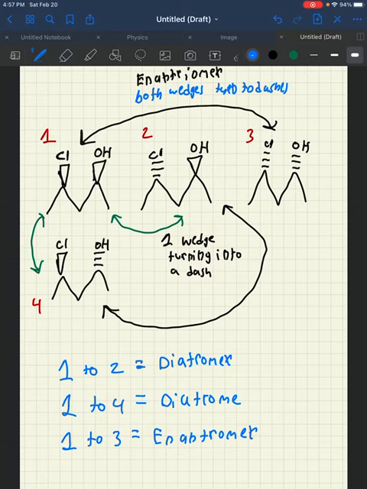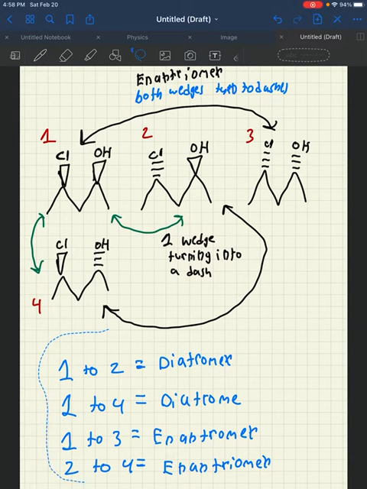And now, let me see, which one am I missing? Oh yeah, 2 to 4 equals an enantiomer. And then, let me move this up.